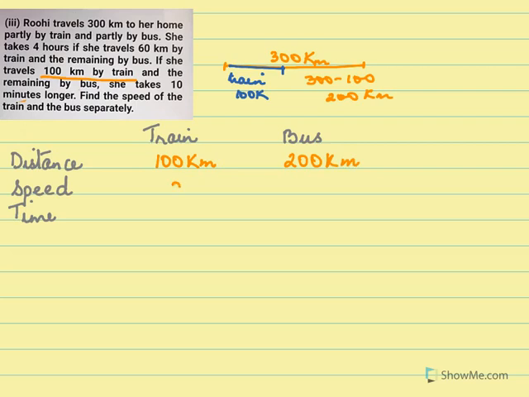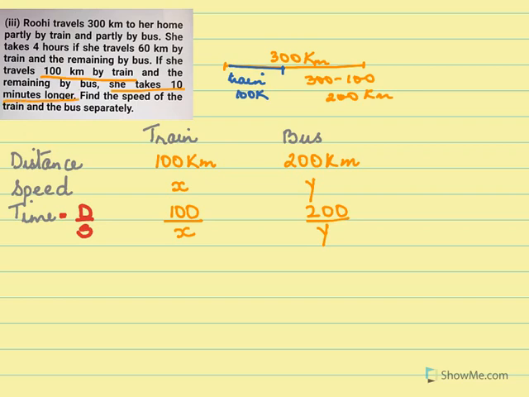The speed of the train we have taken as x and of the bus as y, and we know the time is distance over speed. So for train and bus, it is distance over speed. She takes 10 minutes longer.